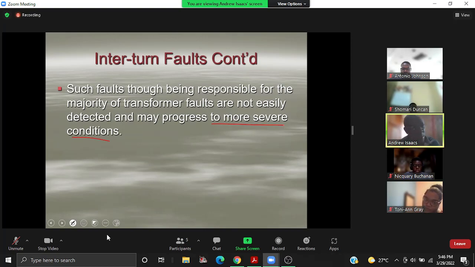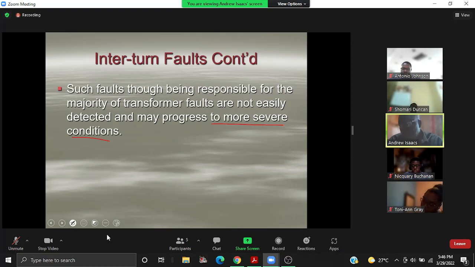Now, if you recall, when we spoke about your protection, when we introduced the protection system, and we spoke about the relay, we said that the relay was used to either initiate separation or to send an alarm.